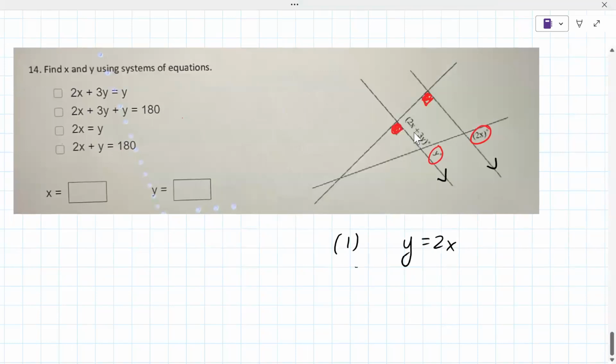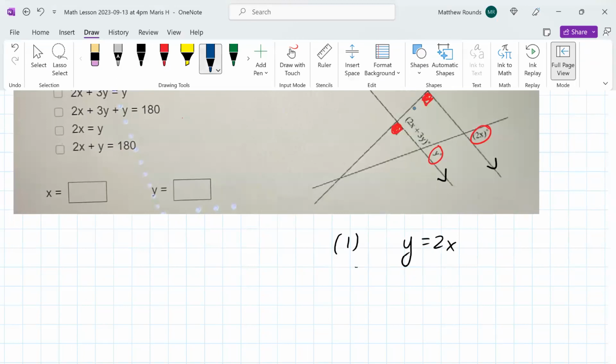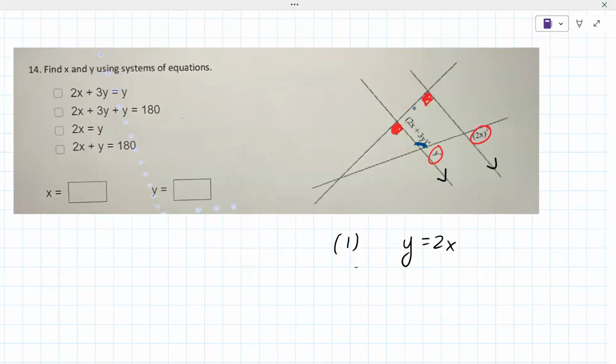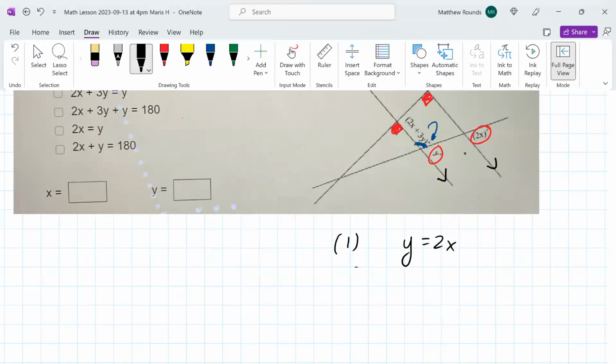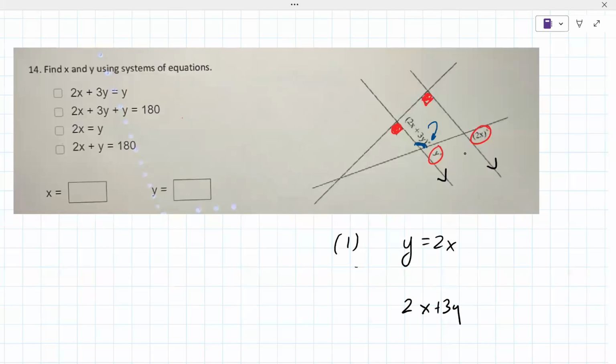This other one, 2x plus 3y, it's really unclear. I think it's referring to this angle right here. It's very unclear. Like it probably should be a little bit more clear that it's that angle. But it plus y equals 180, because they form what's called a linear pair.